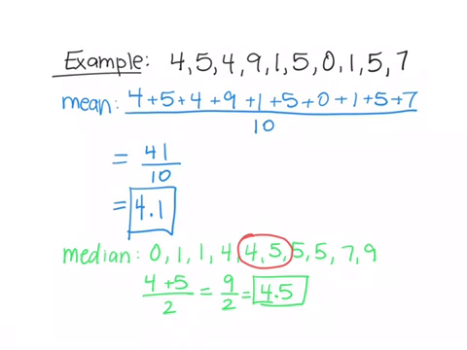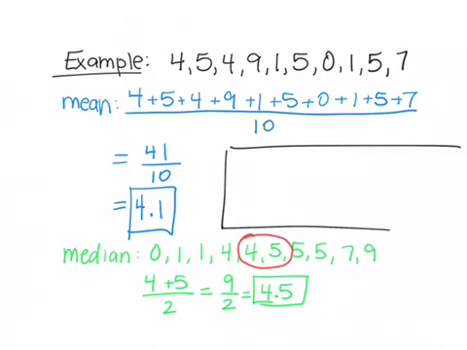So this now leaves us with two more things that we need to find. Those two things are mode and range. If you remember, mode is talking about the most common value that you're going to find. So if we want to find the mode, we're looking for the number that shows up most often.